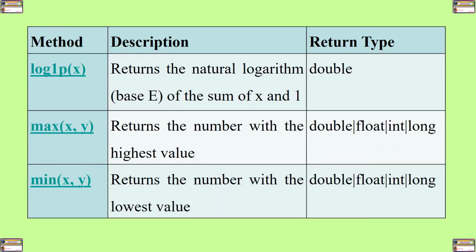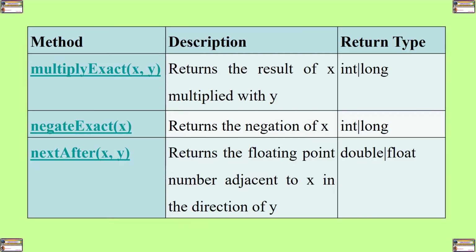We have like log1p that returns the natural logarithm of the sum of the value and 1. We have the max, which is written in that format and returns the types of values indicated. We have min. We have multiplyExact. We have negateExact.